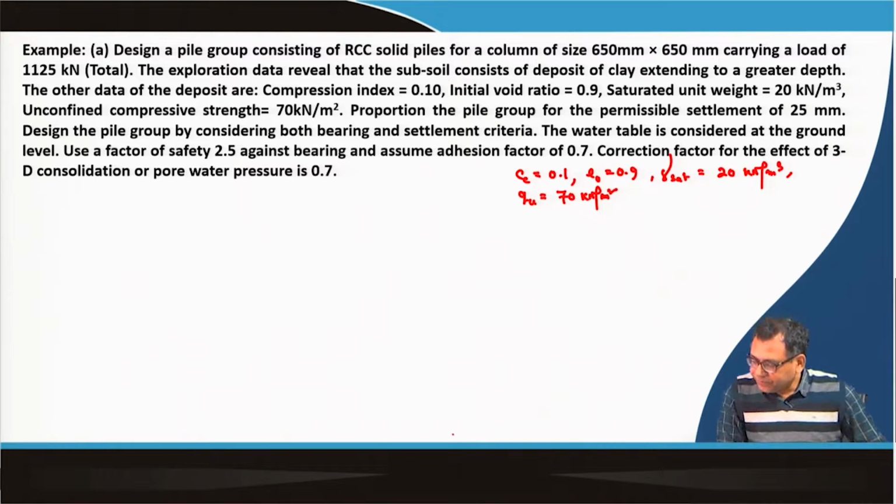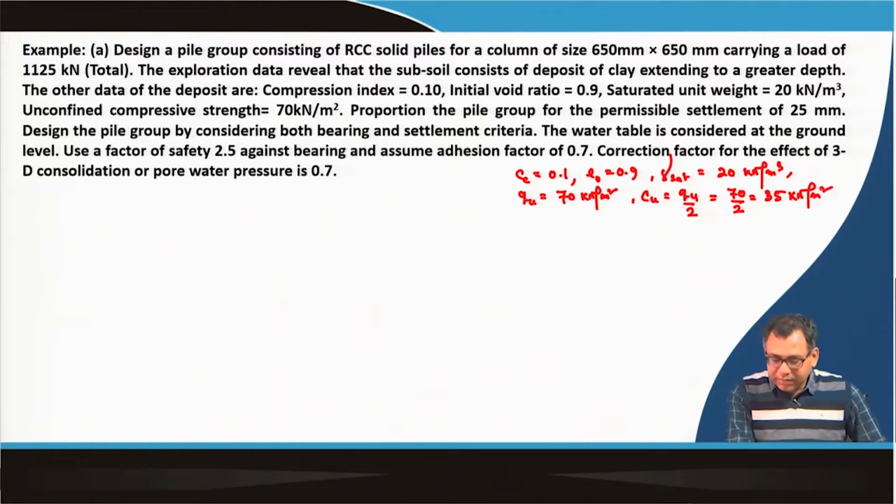So the Cu value will be qu divided by 2, that is 70 divided by 2, which is 35 kilonewton per meter square. Then permissible settlement is 25 millimeter for the pile group, and we design the pile group by considering both bearing as well as the settlement criteria.